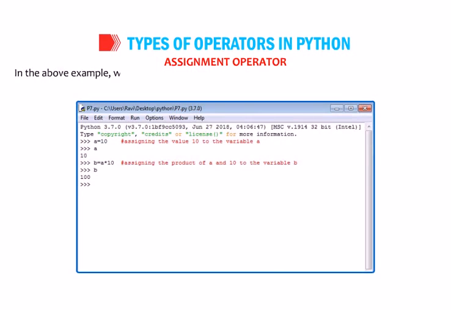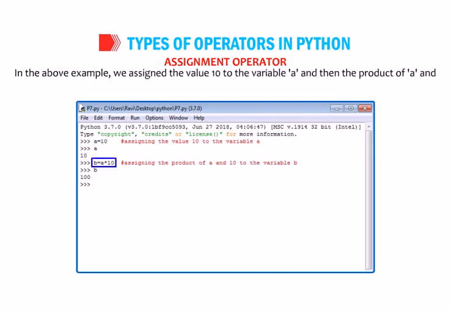In the above example, we assign the value 10 to the variable a and then the product of a and 10 is assigned to the variable b.